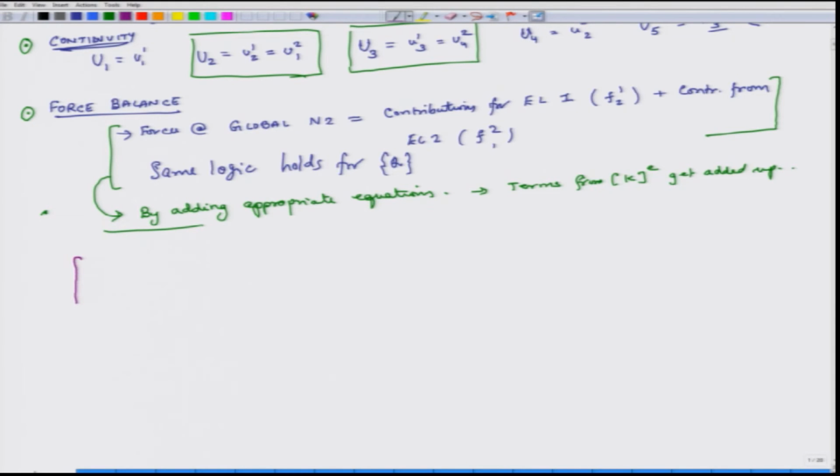So, this is what we will do now. We will write down the equations.